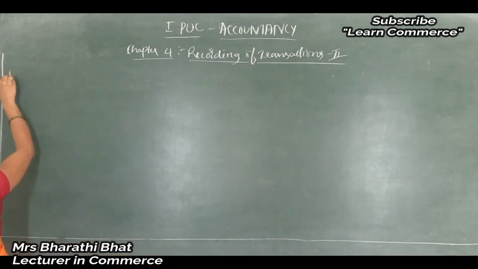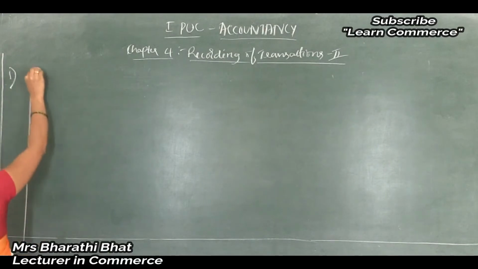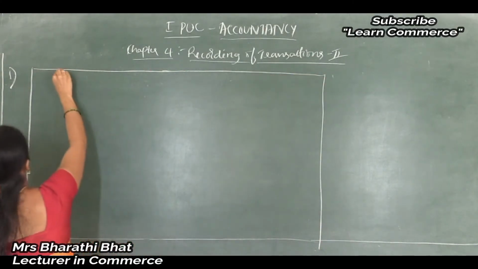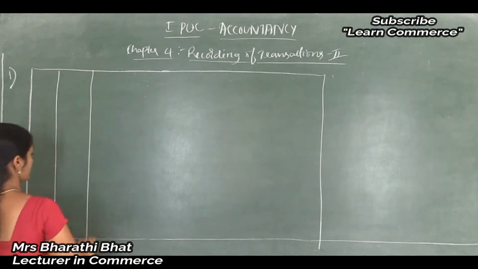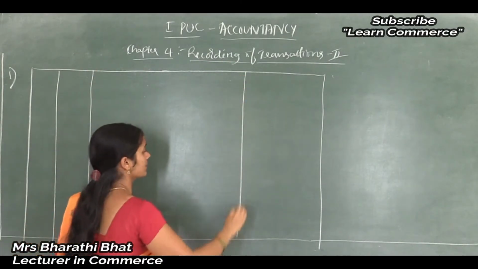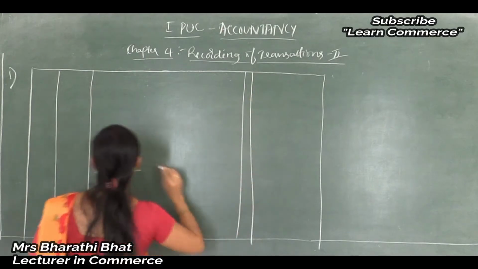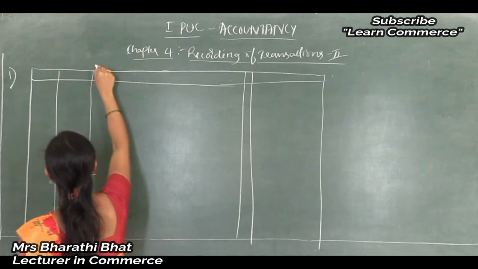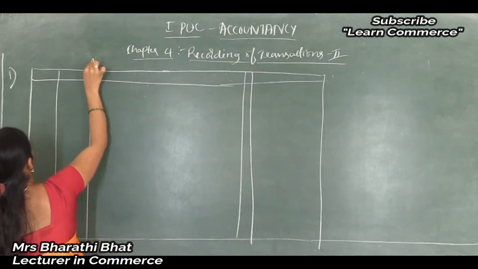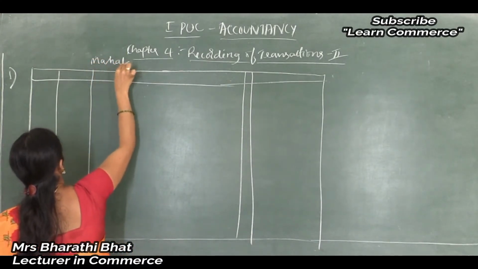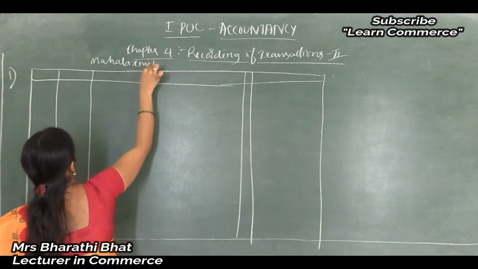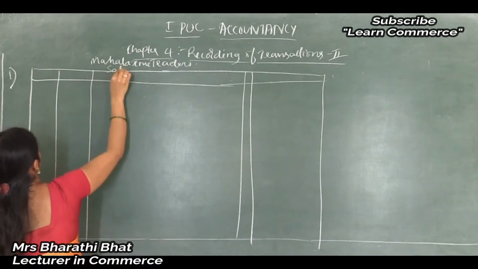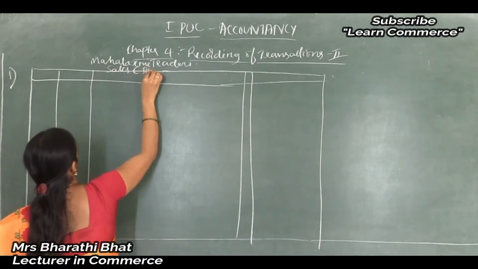First one, draw the format, use a scale and pencil. Date, invoice number, name of customer, account to be debited, and before that Mahalakshmi Traders, and the next line Sales.